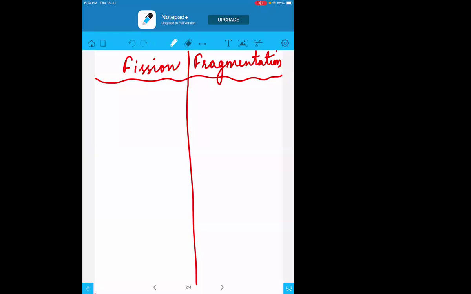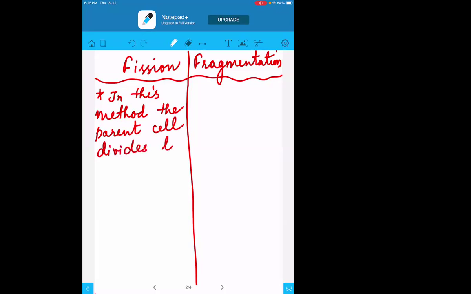Okay, so coming to the differences between fission and fragmentation, the first point of the fission. In this method, how many daughter cells will be formed?